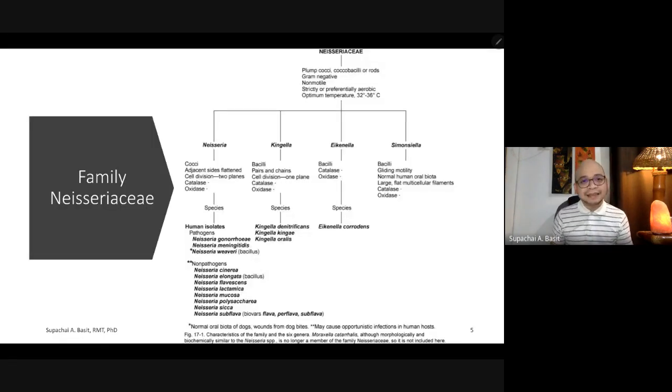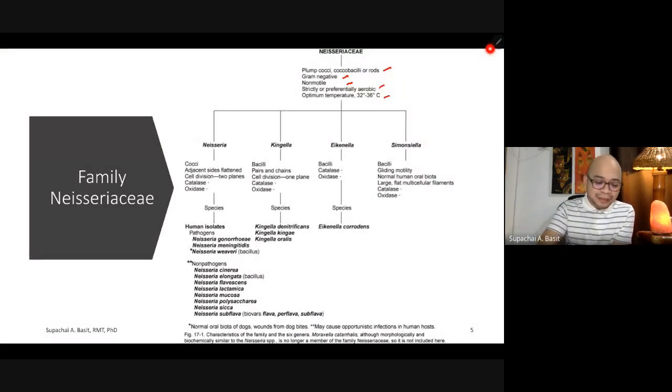Again, if we check the family Neisseriaceae, this would be their common denominator. They are plump cocci, coccobacilli, or rods. They are gram-negative and non-motile, and they are aerobic and can grow at 32 to 36 degrees centigrade.